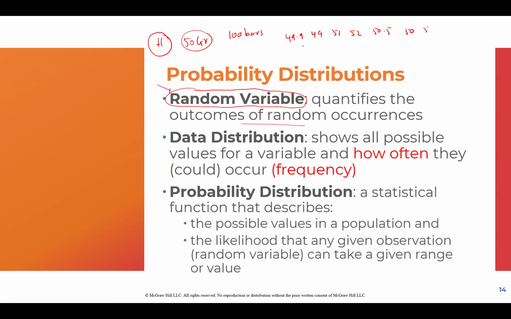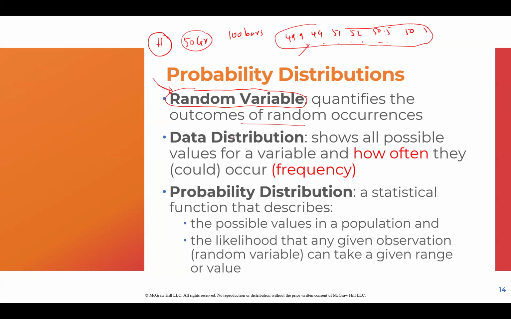So you are finding out the weight of each bar, and they are not exactly the same. Until you weigh them, you don't know what the weight is. That is a random thing. Once you have weighed it, it's not random anymore. But before weighing, it could be anything between certain values.